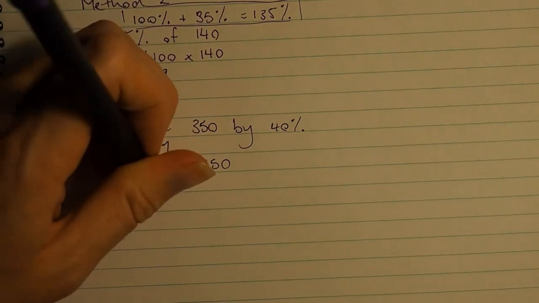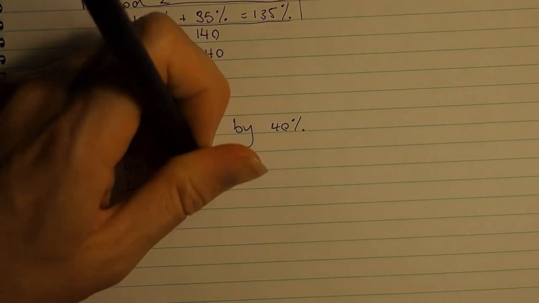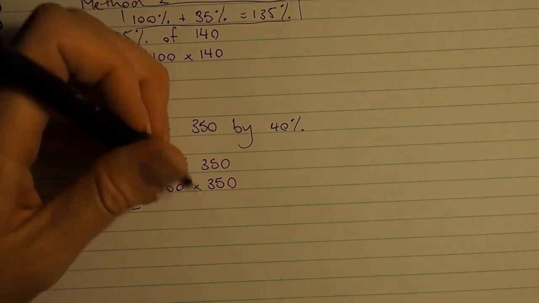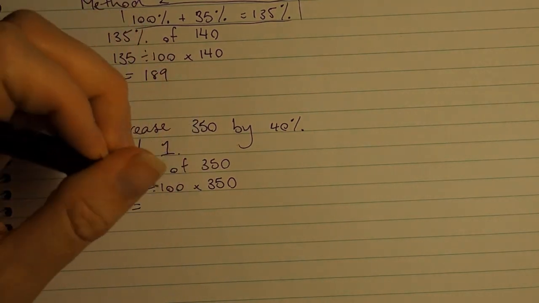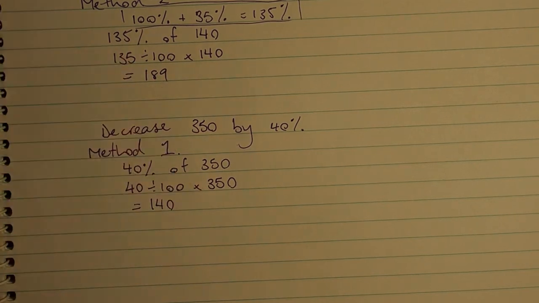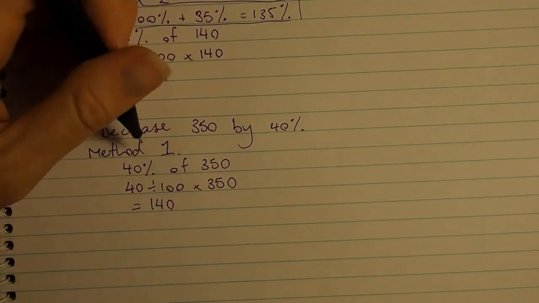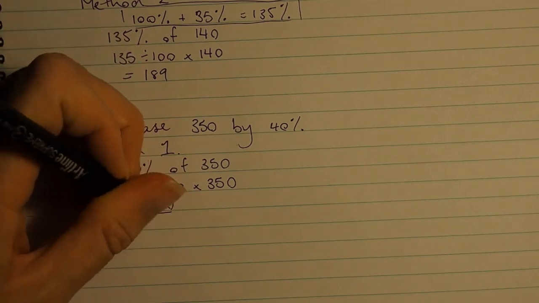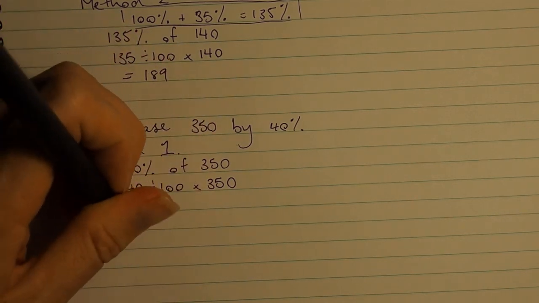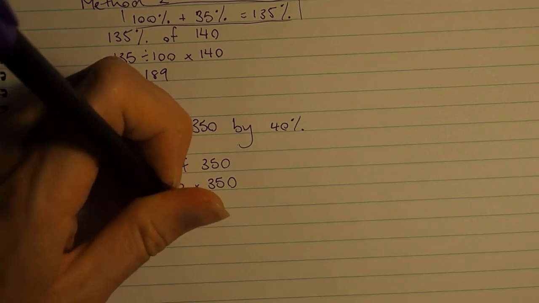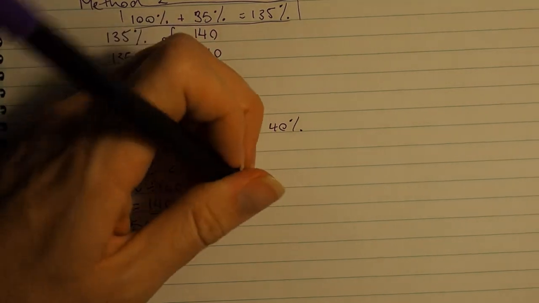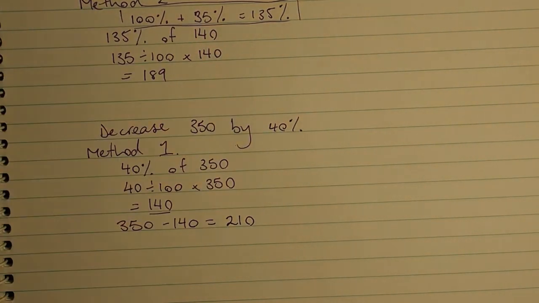Of course, 40 divided by 100 multiplied by 350, we calculate that, it becomes 140. Then because we're decreasing, that means we're going down, so we want to take 140 away from our 350. So 350 take away our 40%, which is 140, gives us a final result of 210.